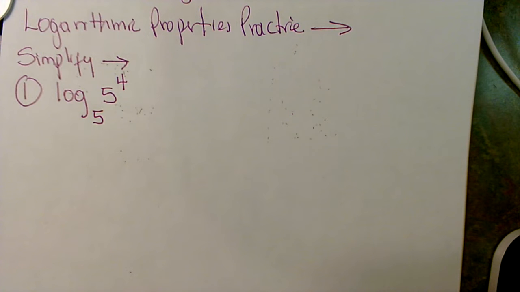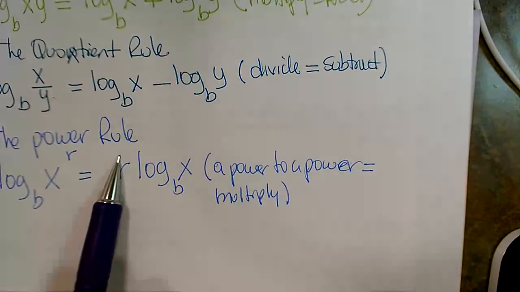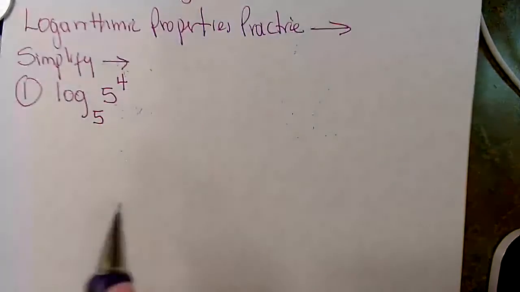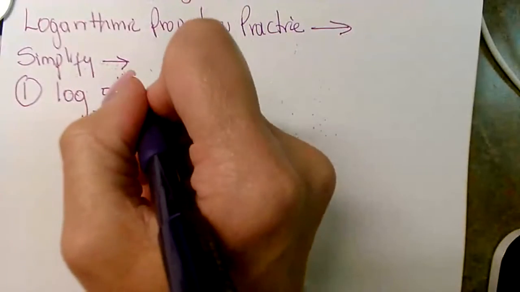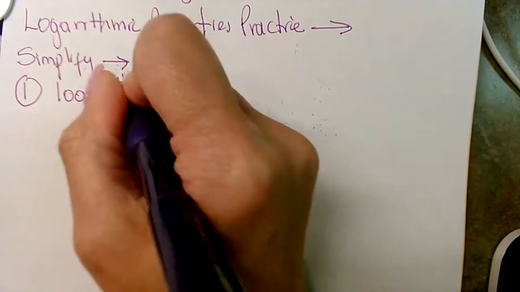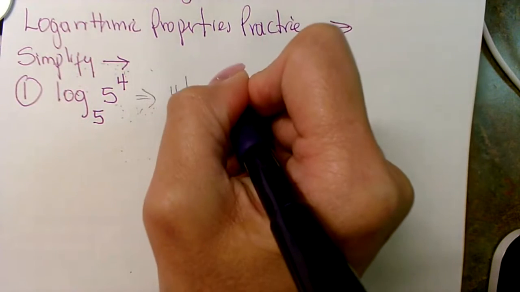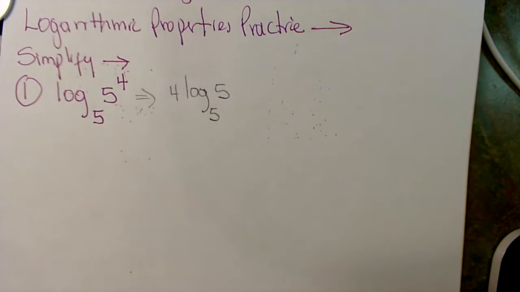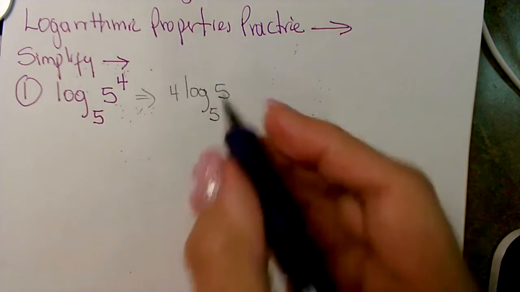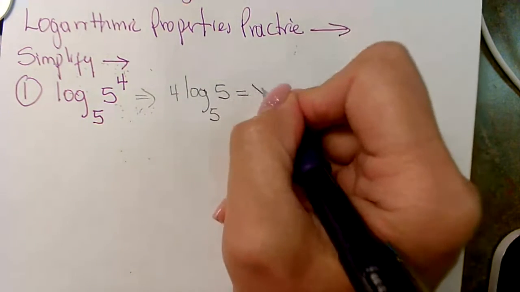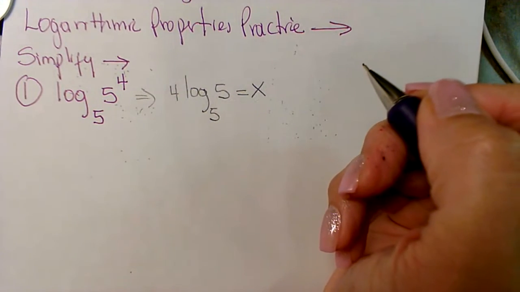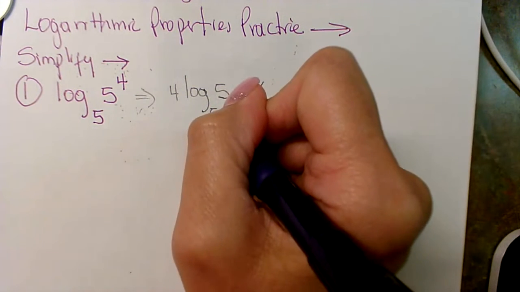So right away, it's going to be the power rule, right? Meaning this is going to be equal to what? The 4 is going to come down, 4 log base 5 of 5. Now, this is going to be equal to x.